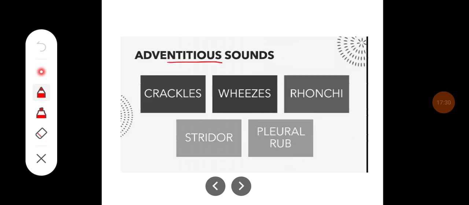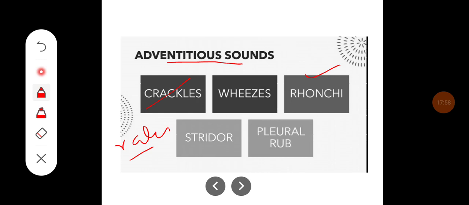Some of the adventitious sounds are crackles or rales or crepitations. All are synonymous and they occur because of the presence of fluid in the alveoli. Rhonchi occur whenever there is an obstruction to the airflow during expiration.